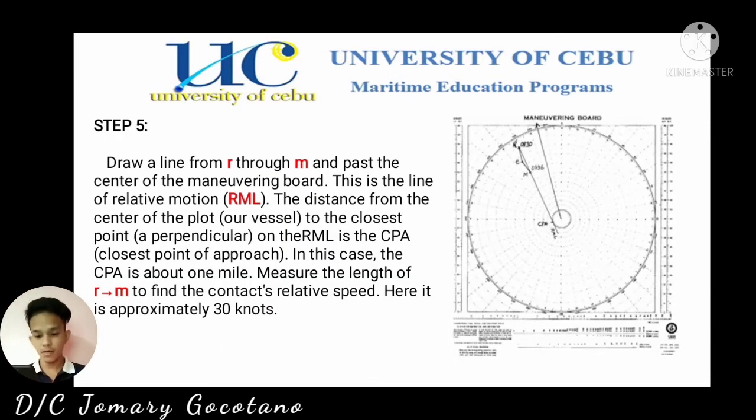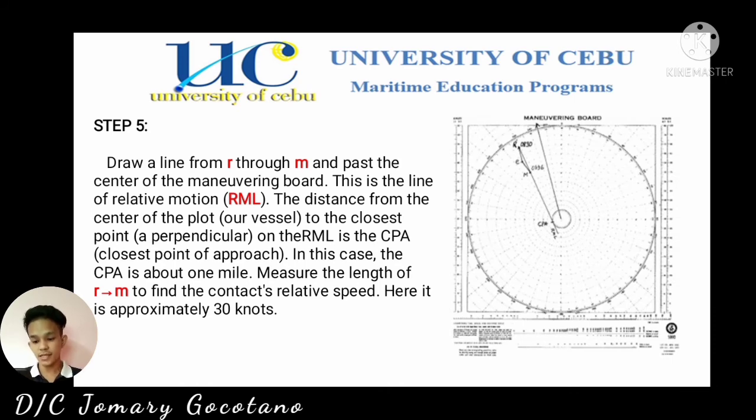Step 5. Draw a line from R through M and past the center of the maneuvering board or the move board. This is the line of relative motion, or the RML. The distance from the center to the closest point on the RML is the CPA, or the closest point of approach.